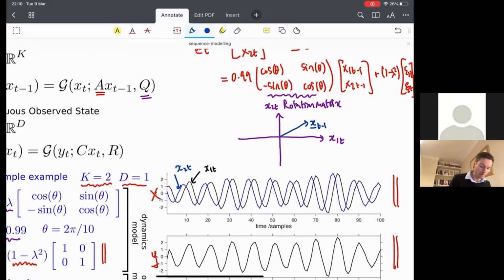What the dynamics do is they apply this rotation matrix here. So this rotation matrix is going to rotate that phasor by an amount theta. And theta here is 2 pi over 10, so it's going to be 36 degrees. So it's going to rotate this by 36 degrees.